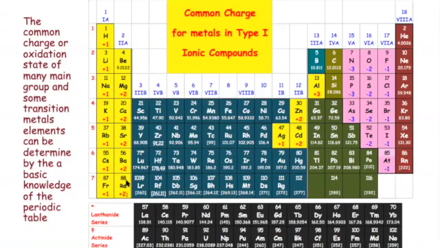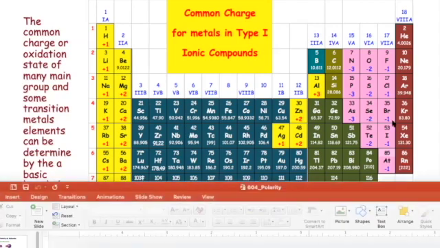So the closer you are to fluorine, the more electronegative your element is. If two elements are separated in the periodic table, their electronegativity is going to be very different from each other. But if they're next to each other, their electronegativity is very close. Still different, but close.